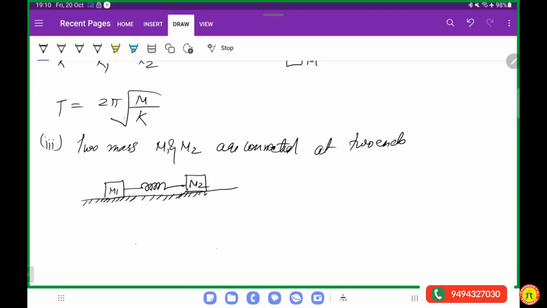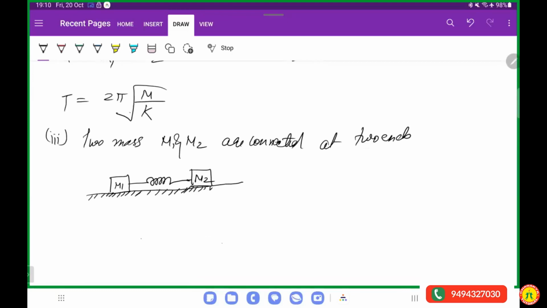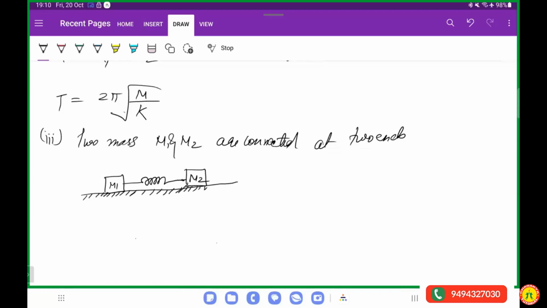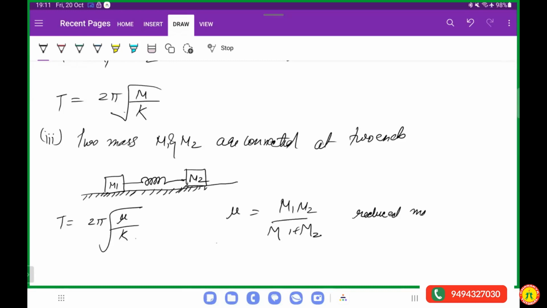So for that there will be a reduced mass. So T equals 2 pi root of mu by K. Your mu is M1 M2 by M1 plus M2. This mu is the reduced mass.